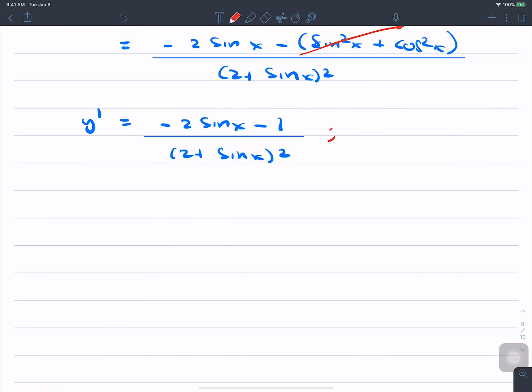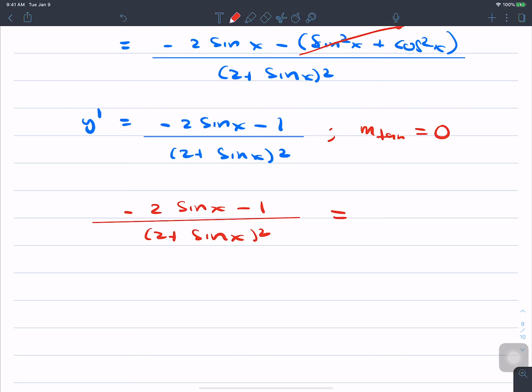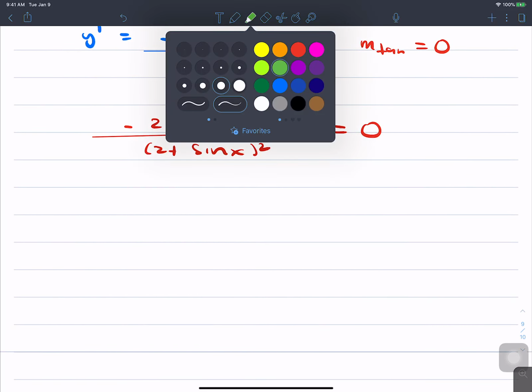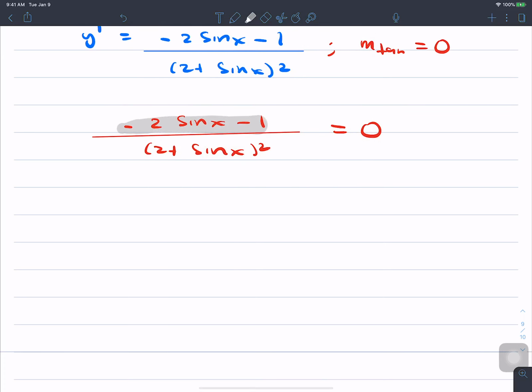So we set this equal to 0. So we have minus 2 sine x minus 1, everything over 2 plus sine x squared, and then that's 0. Now remember what we've been saying, if you ever have a fraction and the fraction equals 0, that means my numerator is 0.